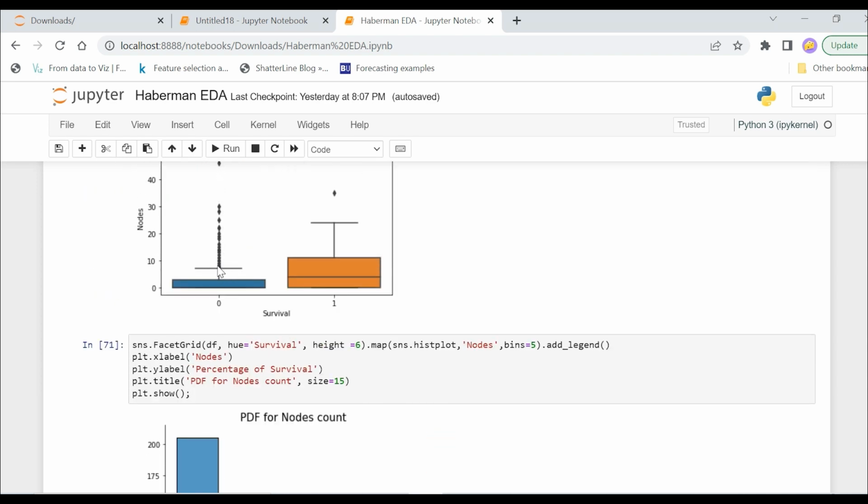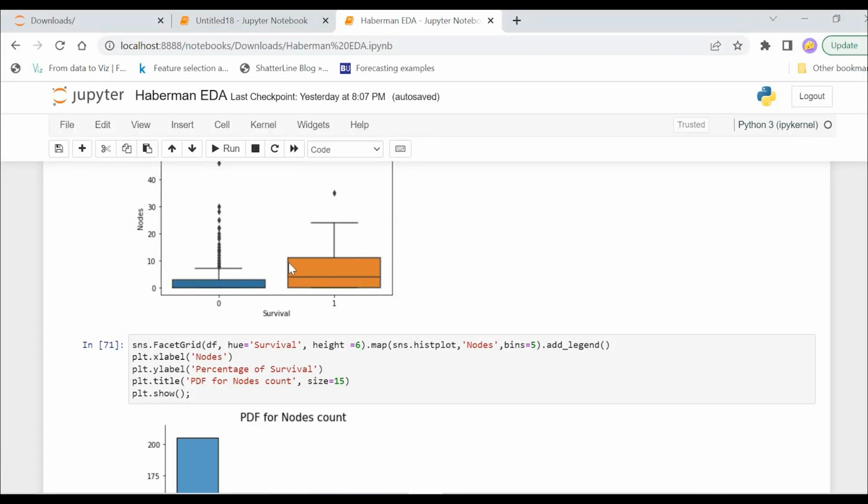And from here you can also say one thing, that after exceeding 7 or 10 nodes, there are higher chances, because this is the outlier here and this is the density plot, and the density here is much more than here.